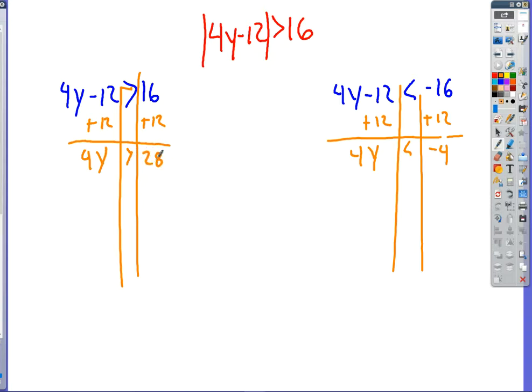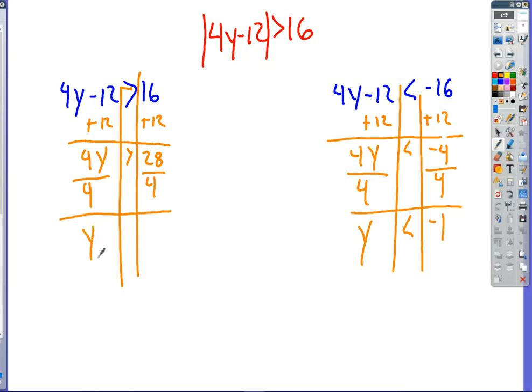All right, what will I do now? Divide by 4. Let's have a big old divide by 4 party, shall we? So y is less than negative 1. Did I divide or multiply by a negative? No. Okay, so I don't have to flip the signs. Over here we get y is greater than 7.